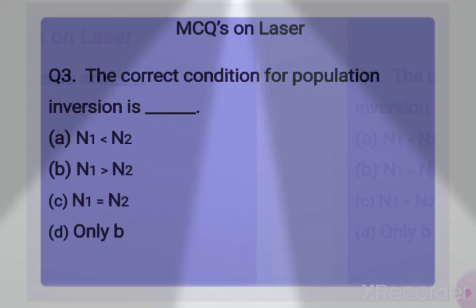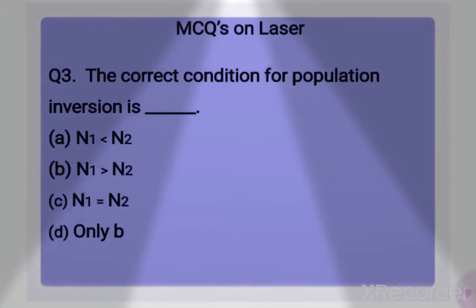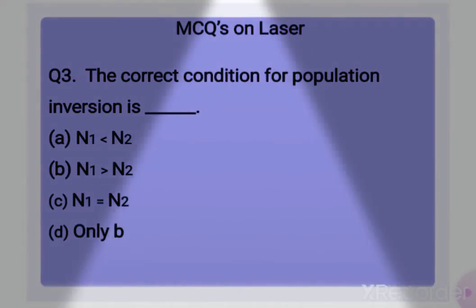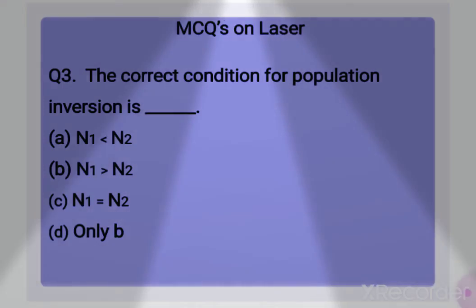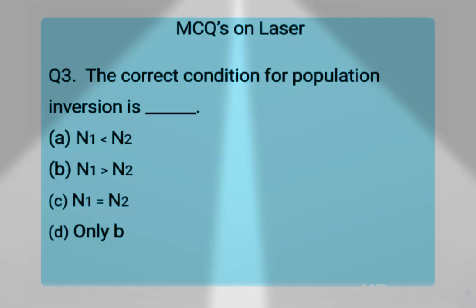Question 3 is: the correct condition for population inversion is: N1 is less than N2, N1 is greater than N2, N1 is equal to N2, or option B is correct only. To answer this question, first we have to understand the meaning of population inversion.